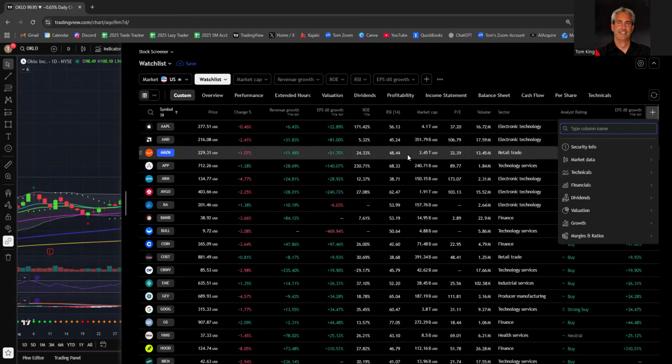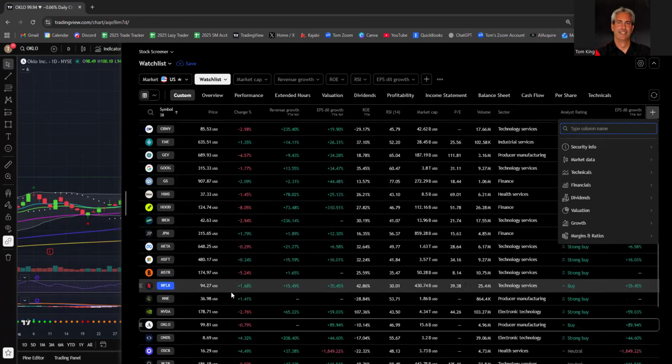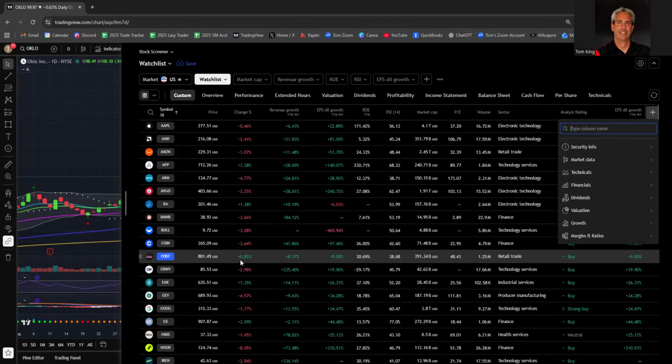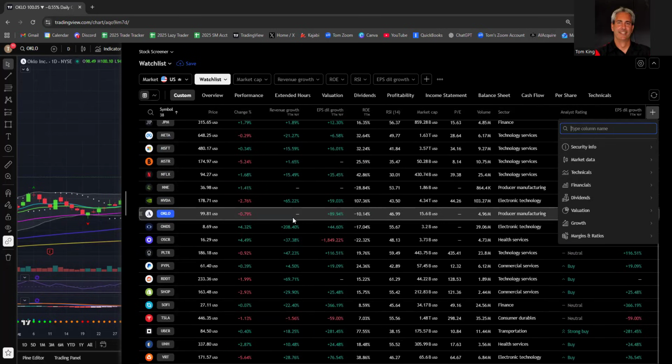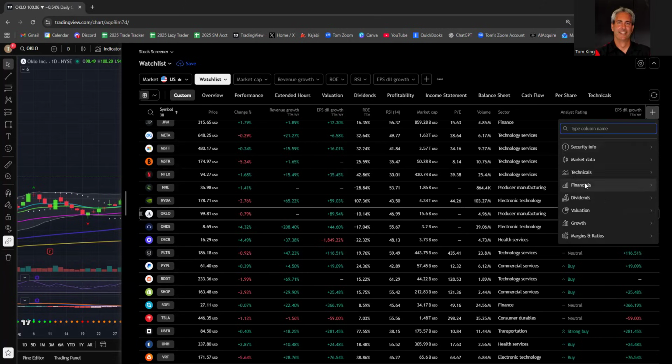So on Oklo, when we look down here, the revenue growth, there isn't any. And earnings per share growth is monstrous. And then if I look at return on equity, where is return on equity?